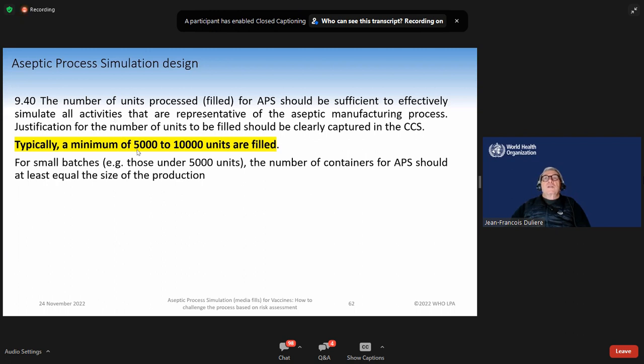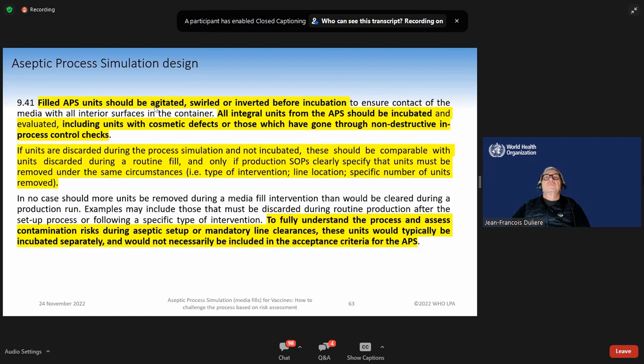The size of the aseptic process simulation is minimum 5,000 units to 10,000 units. For small batches, the number of containers will be the full batch.